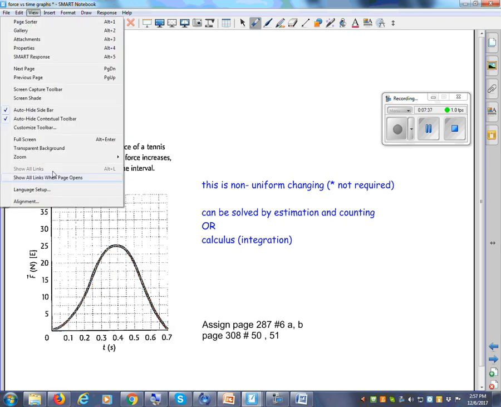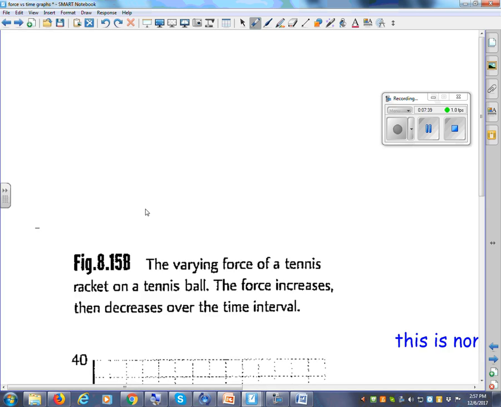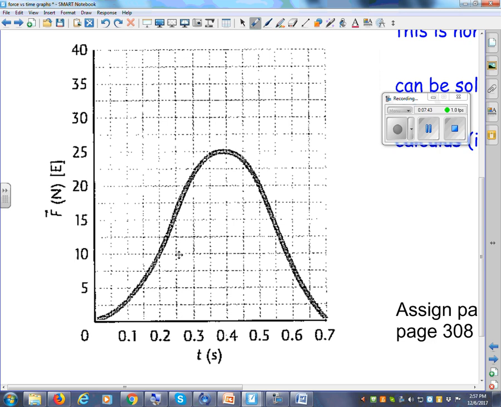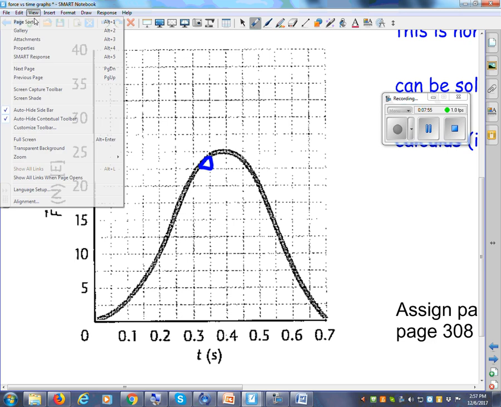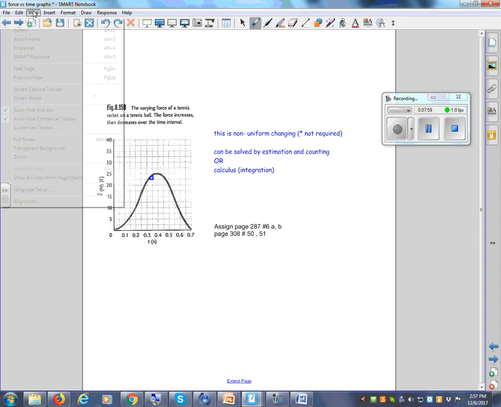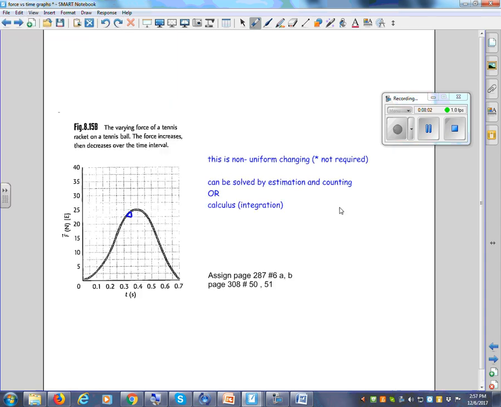Anyone plan on taking calculus next year? Maybe a few? Okay, so you'll learn about this. They'll have you zoom in, and they'll do mini little areas there, and they'll talk about the limits, and they'll make some estimations and approximations, and you'll go, oh yeah, I remember Mr. Bennett kind of talking about that. You'll think back finally to those good easy days of grade 12 physics and how easy life was. It can be solved by estimation or counting or calculus, and you would call that integration.